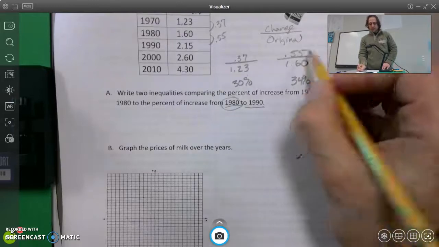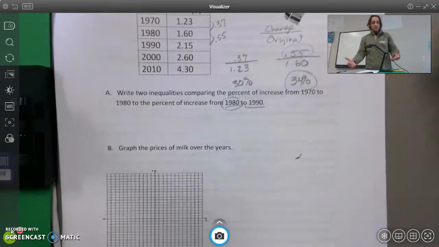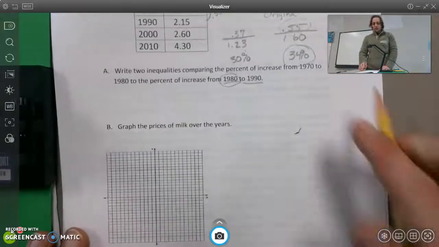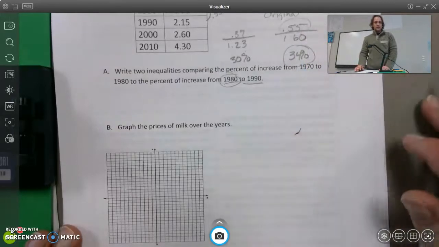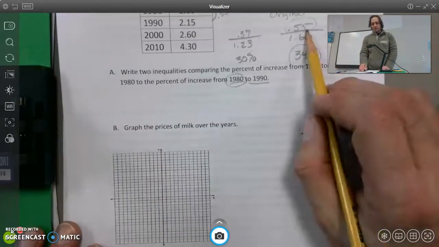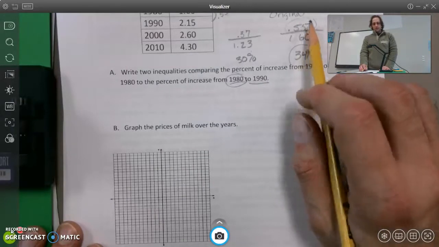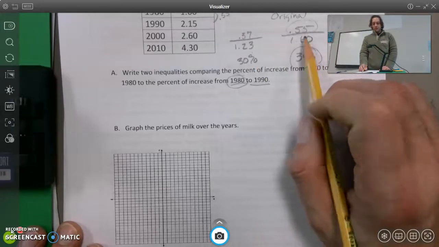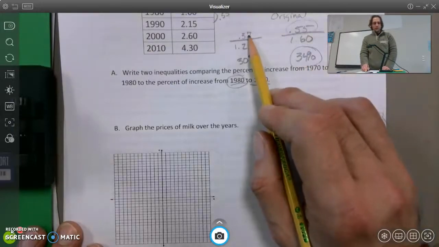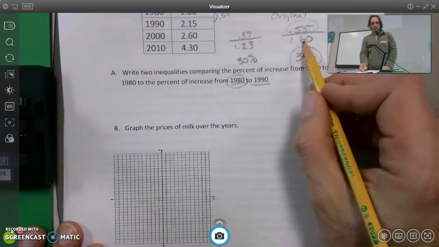So this is, in fact, a greater percent of change, and it is also a greater amount of change. But it could have been a greater amount of change, but still not been the greatest percent of change, right? Like if this had been 40 cents or 45 cents, 40 cents would have been 25%. And even though 40 cents is greater than 37 cents, it is a smaller percentage of the original.